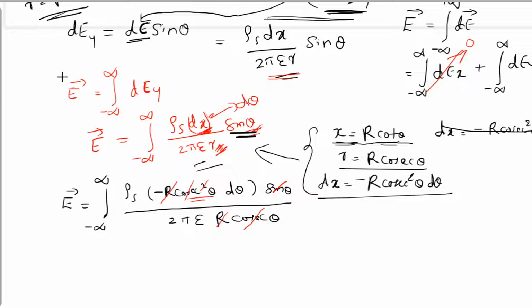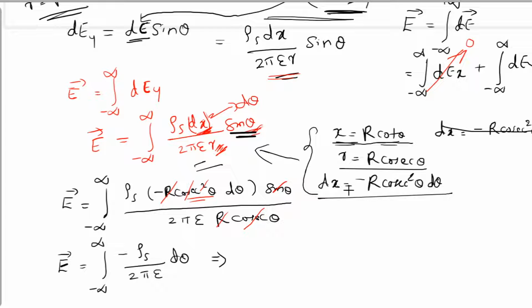See, now what remains? So I get E vector as integral minus infinity to plus infinity, minus sign, don't forget, minus rho s by 2 pi epsilon d theta. That's it. See how it's simplified?